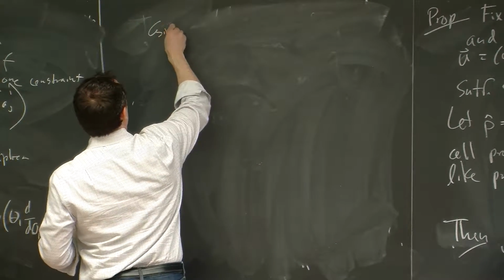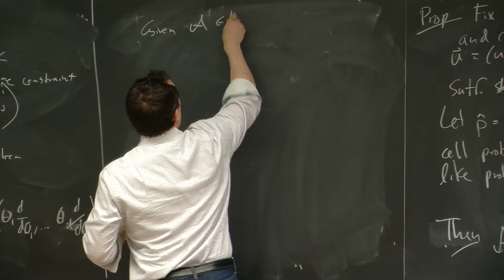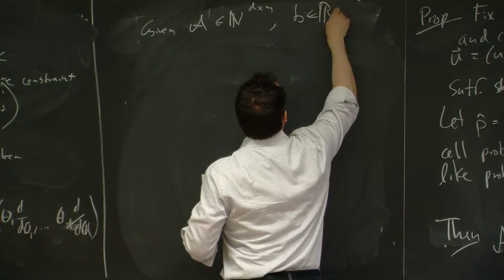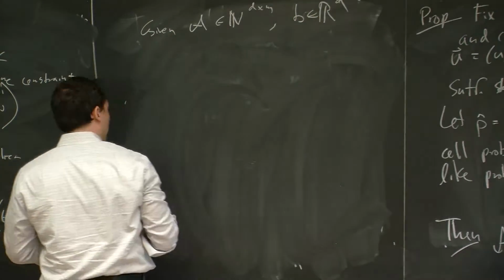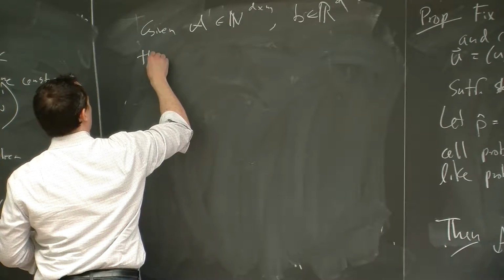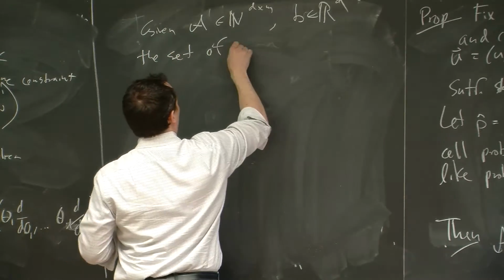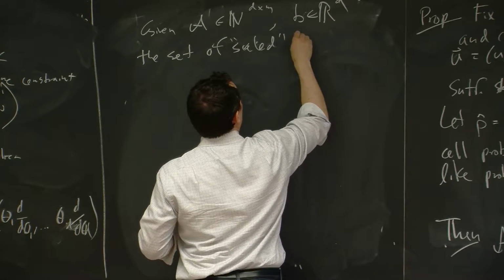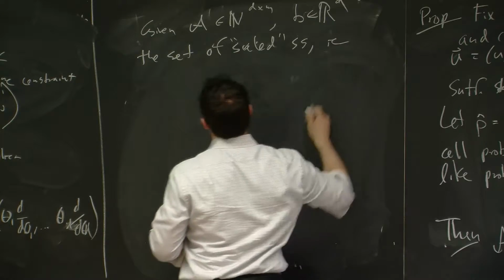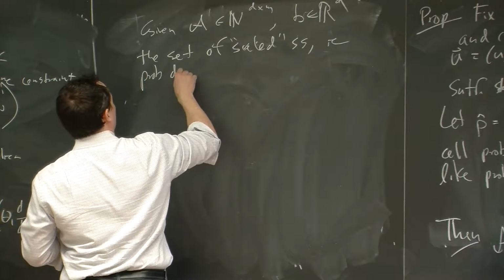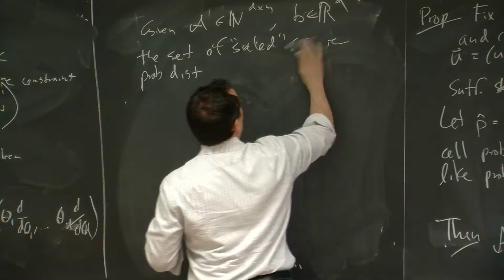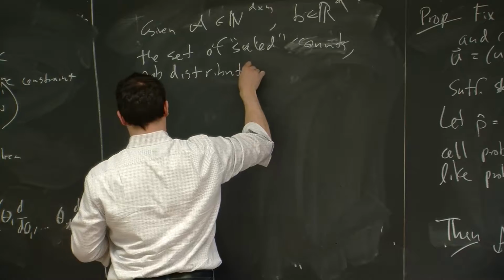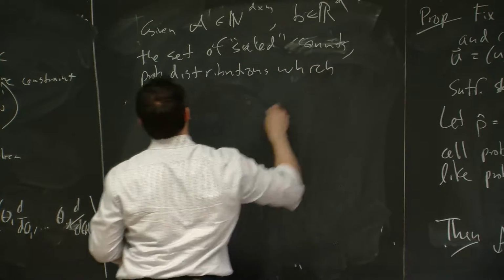So given A, my matrix of sufficient statistics, and my vector of sufficient statistics, we have a set of scaled sufficient statistics, i.e. probability distributions, scaled counts, say, distributions which match the sufficient statistic.